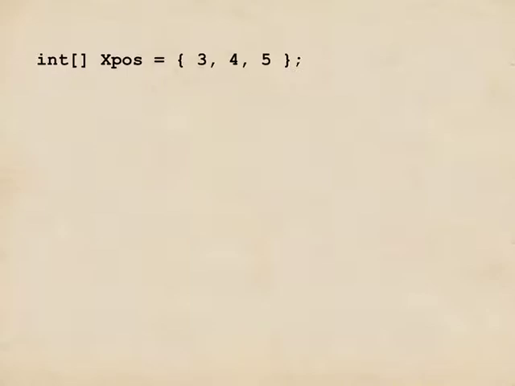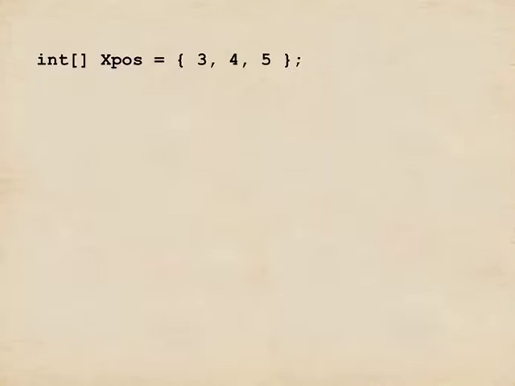And now it's even smart enough to say, hey, wait a second, this is an array of integers, so you must need enough memory for these 3 integers. I'll go make it for you. So it does a new int sub 3, it creates enough memory, it sticks that into xpos, and then it sticks these numbers into xpos. So everything happens right away. This creates the array, allocates the memory, and sticks the values in it.